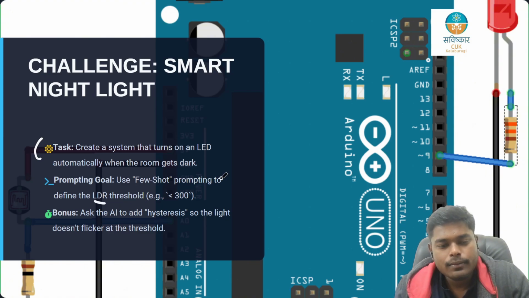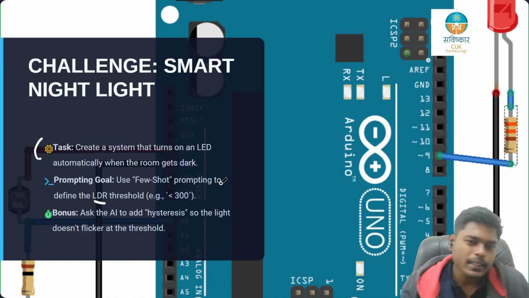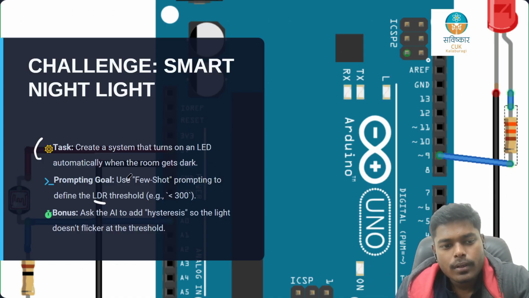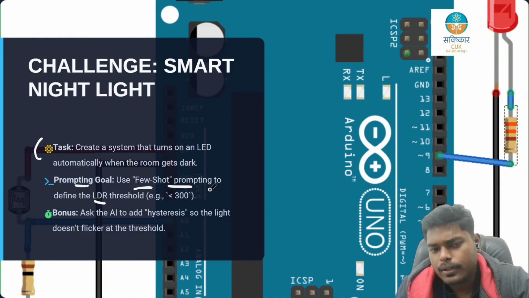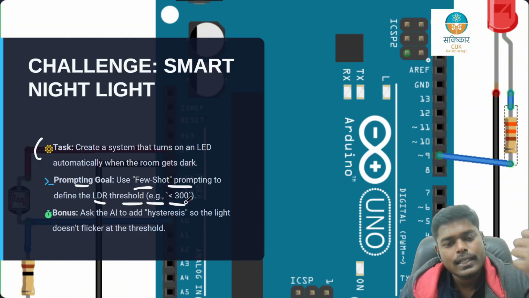That LDR sensor, we know, gives us an analog output in the range of 0 to 1023, right? So use the prompt, for example the few-shot technique or whatever technique you want, and write the code such that the LDR threshold will be 300. Whenever the LDR value is less than 300, meaning it's getting darker, the LED should turn on.